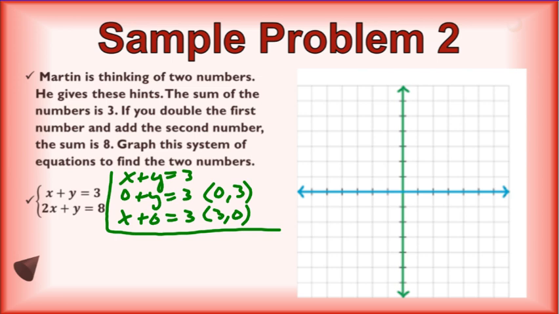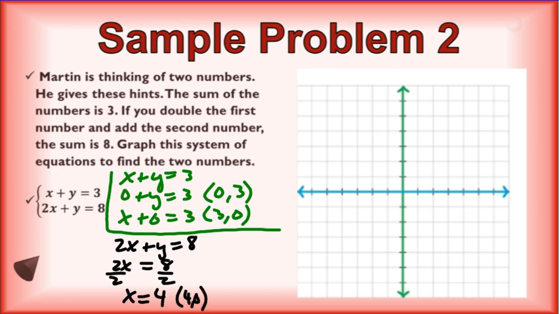So here, 2x plus y equals 8. So to find our x, 2x equals 8, divided by 2, x would have to equal 4. So this one is 4, 0. And then to find the y, y would equal 8.